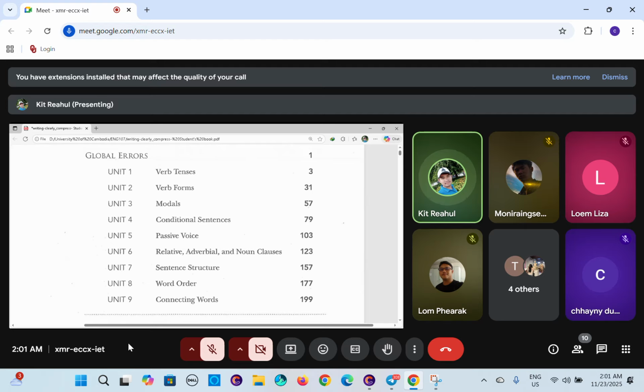And do we use modals to talk about something that is a fact, or do we use a modal to talk about something related to the speaker's opinion, belief, or thought?